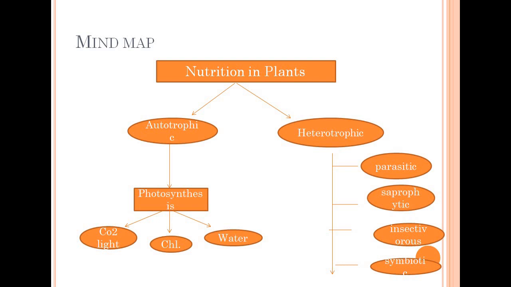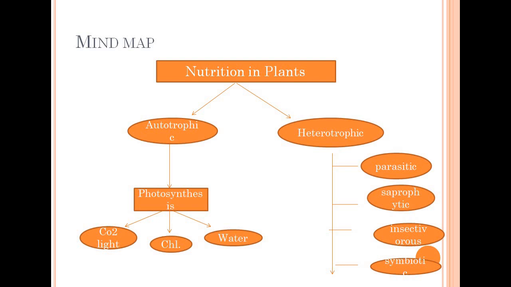Now this is the mind map of the whole chapter that we have read. Now we are at the end and it's time to recapitulate the lesson. The first is nutrition in plants. Nutrition is the process by which food is taken in and used by the body. The two modes of nutrition in plants are the autotrophic and the heterotrophic modes.